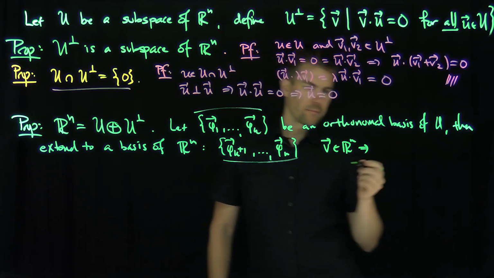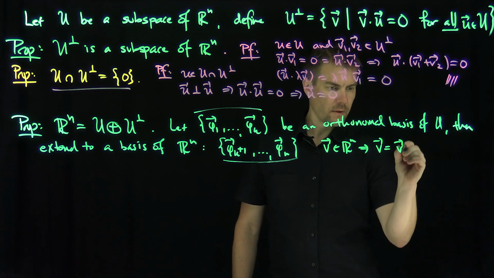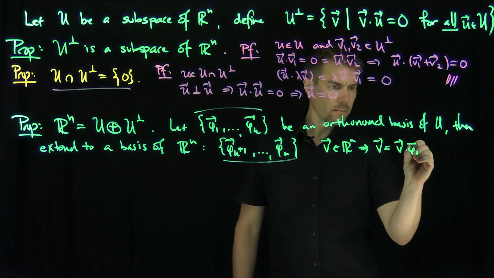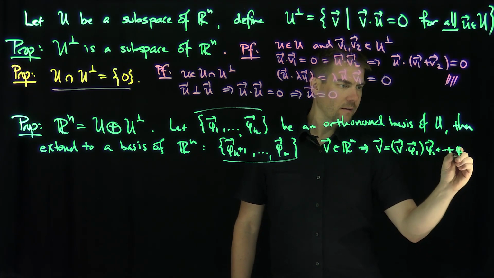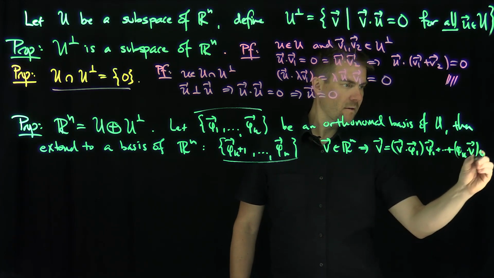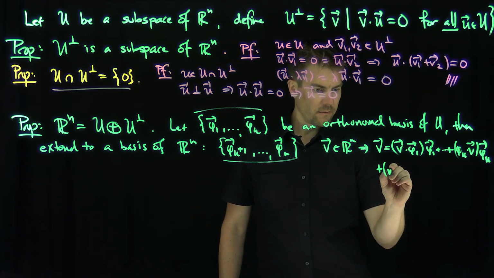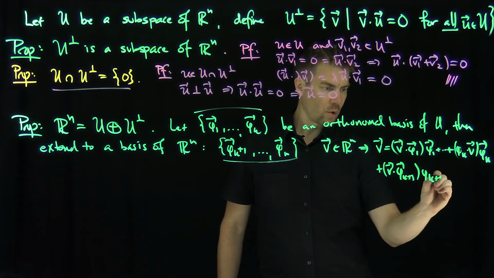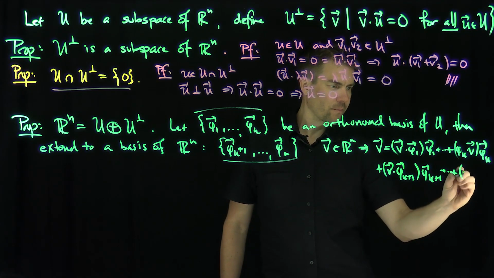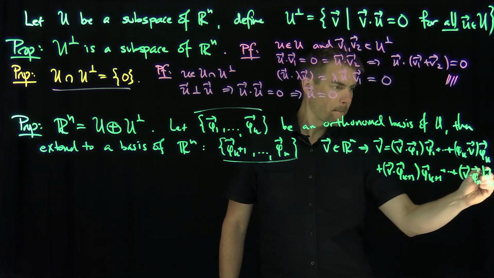So V in R^n implies that V is going to be (V dot phi 1) phi 1 plus all the way to (V dot phi k) phi k, plus the other terms, (V dot phi k plus 1) phi k plus 1, all the way down to (V dot phi n) phi n.